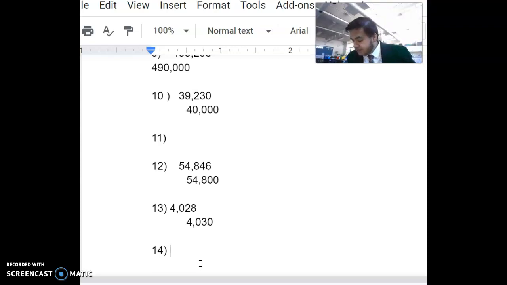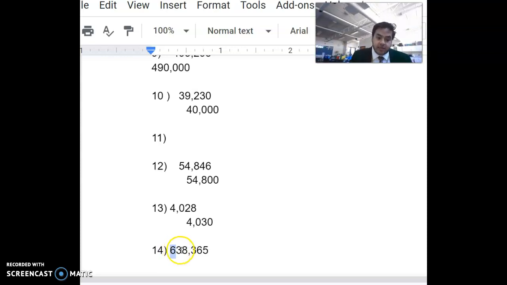Okay, 14. 638,365. And the 6 is underlined. I look next to the 6.